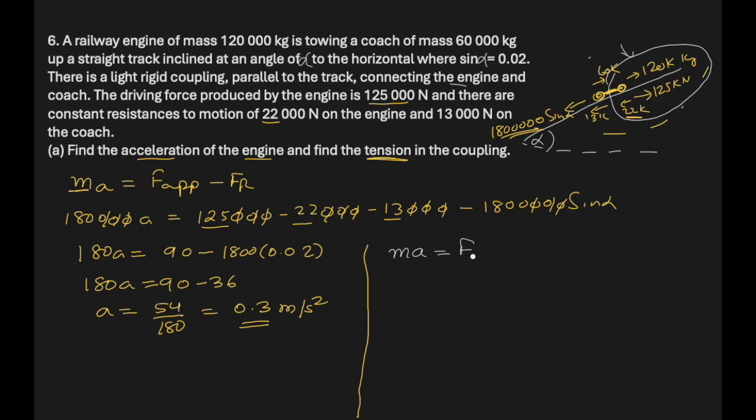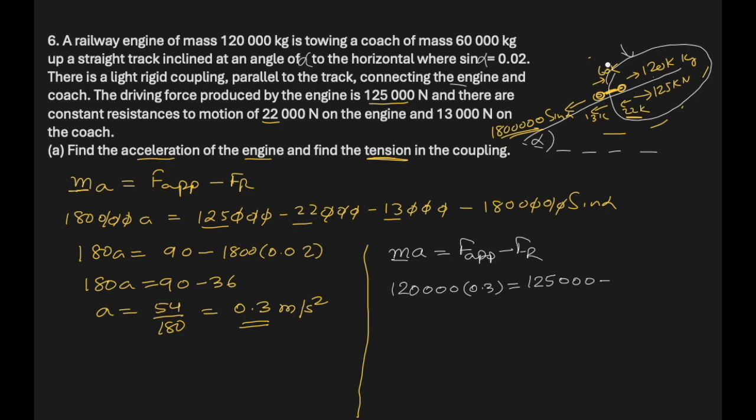MA, which is F net, is equal to F applied minus F resistance. Mass in this case, because I'm focusing only on the engine, is 120,000. Acceleration is known to us now, 0.3. Applied force is 125,000 newtons, right?